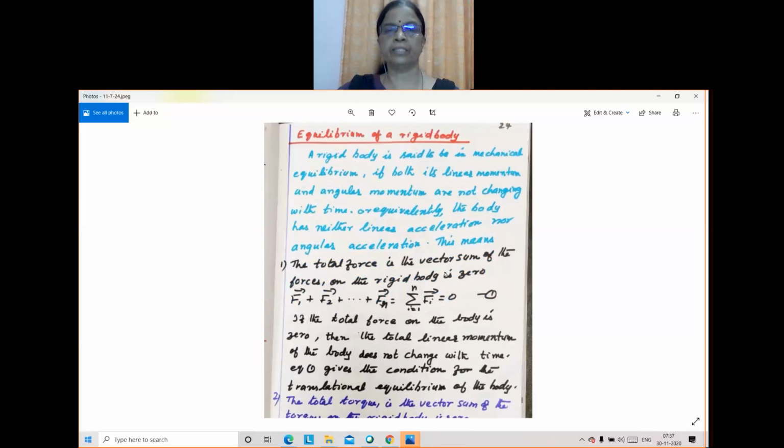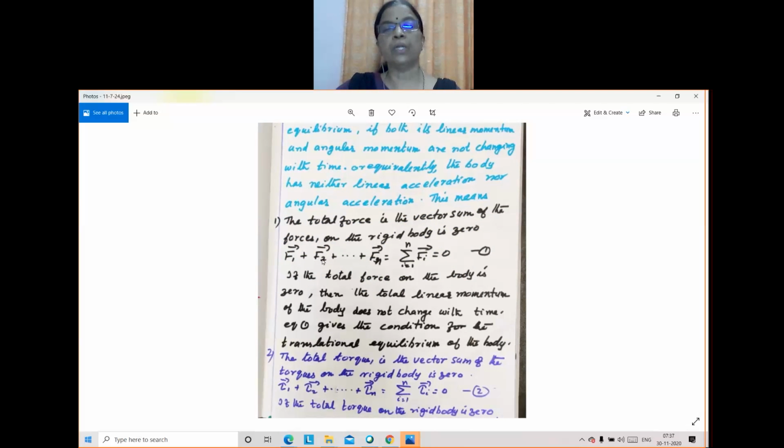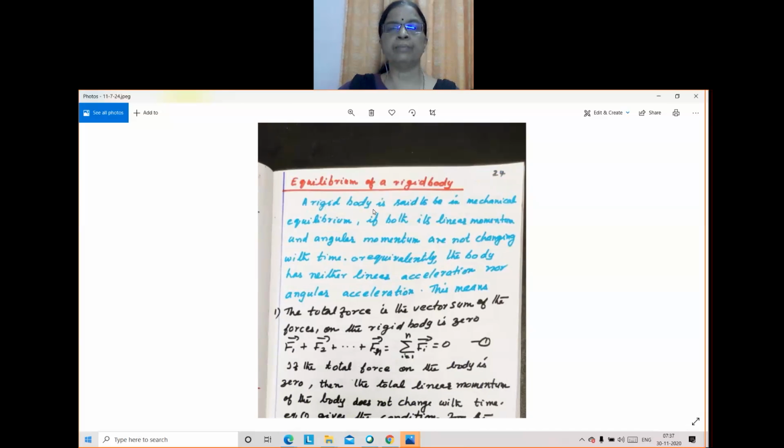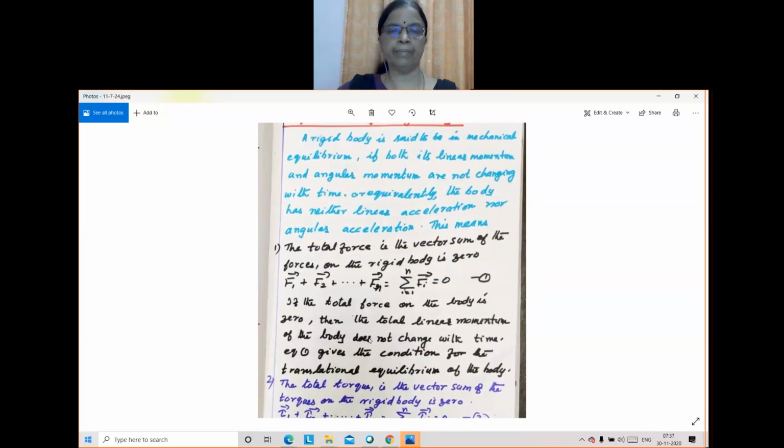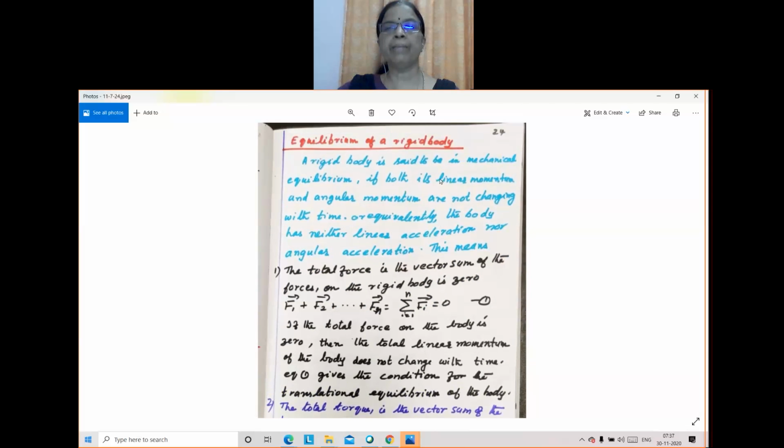I'll explain. If total external force acting on the system is zero, it will be in which equilibrium? Two equilibriums are there. One is translational equilibrium and the other is rotational equilibrium. So, mechanical equilibrium means it has to satisfy both these equilibriums.